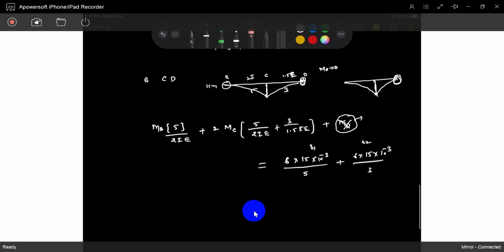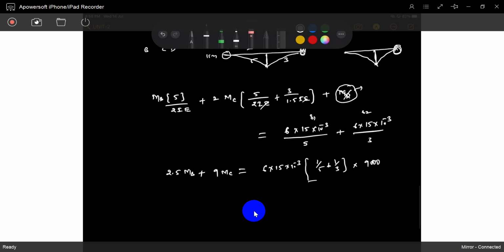Now you can form the equation. EI, just leave it; EI will go outside. So 2.5 MB, and 4.5 same, 9 MC is equal to 15 into 10 power minus 3 times 1 by 5 plus 1 by 3, multiplied with EI, which is 9000.